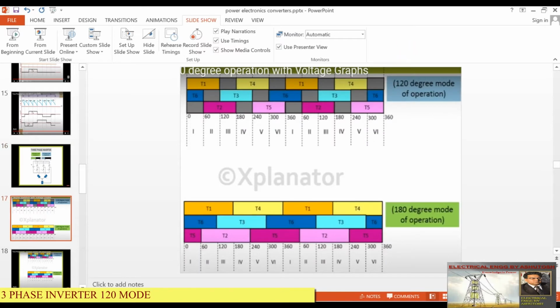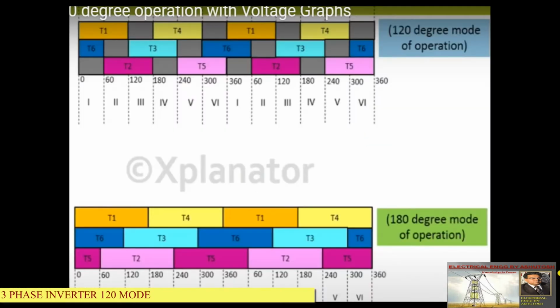See in the diagram, where you can see the mode of operation, how all the IGBTs or SCRs are conducting. In this 120-degree mode of operation, this is our first leg, where two switches, T1 and T4, will conduct.